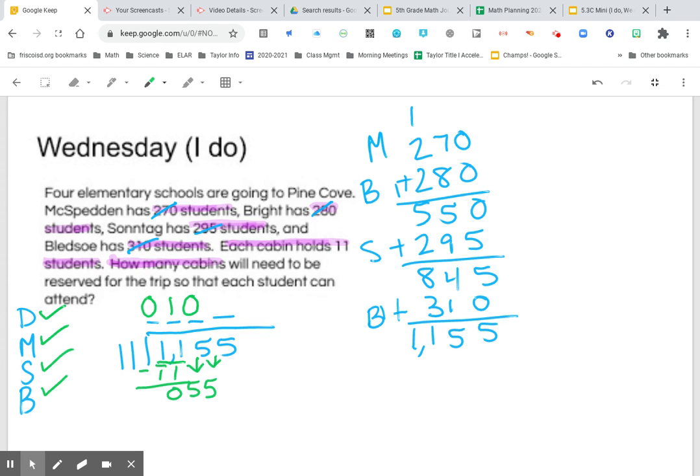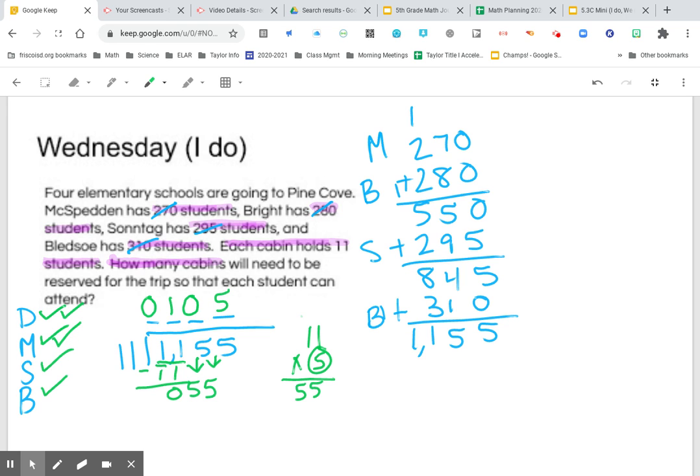So now 11, I know 11 times 1 is 11, and I remember my 11s trick that anytime I'm multiplying 11 by a single digit number, I am just taking this number twice. 5 times 11 is 55. So I know for my next step, 11 goes into 55 5 times.